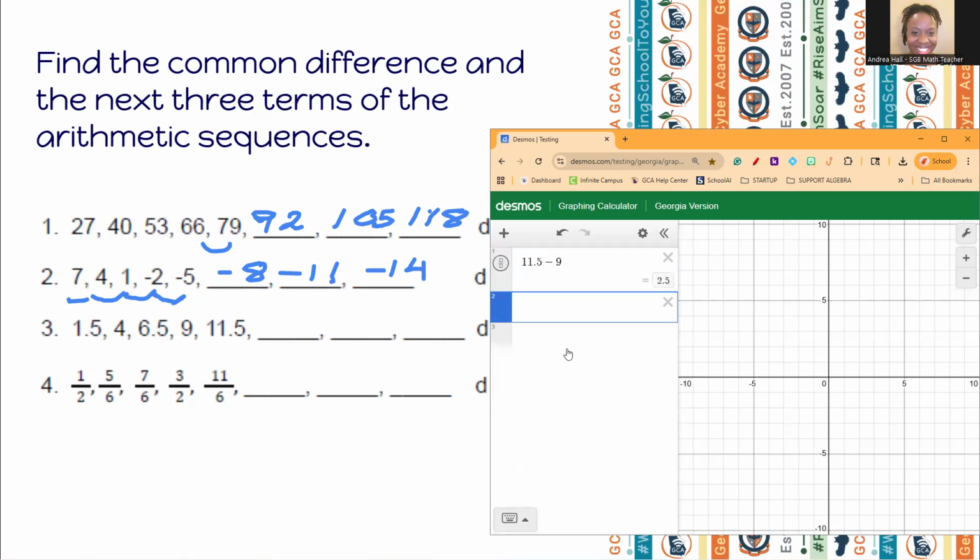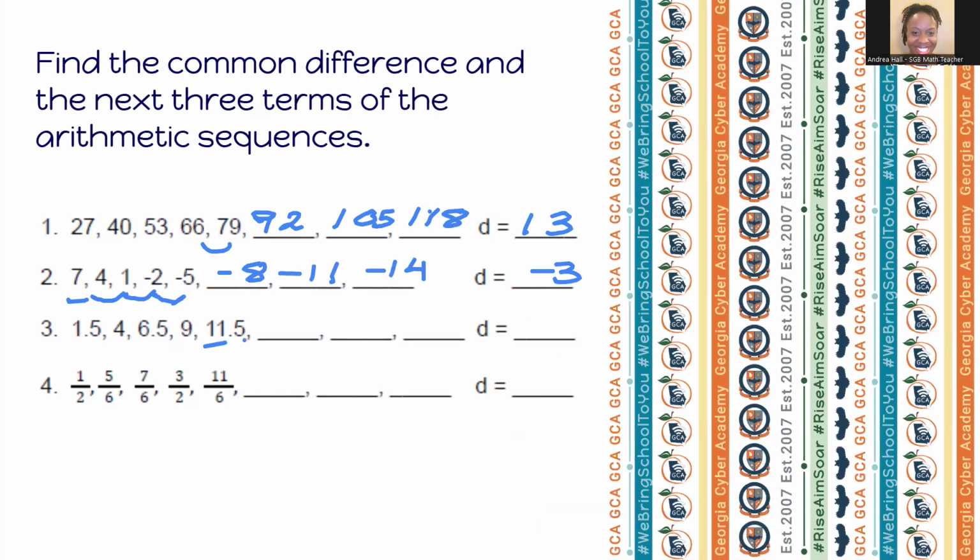Okay, 9 minus 6.5. Okay, 6.5 minus 4 is 2.5, and then 4 minus 1.5. All right, it is 2.5 either way. And so my common difference is a positive 2.5.